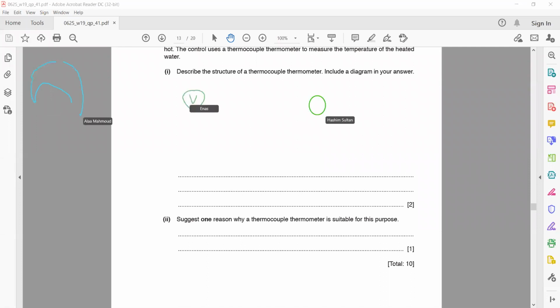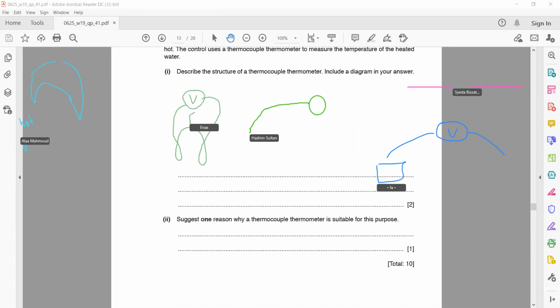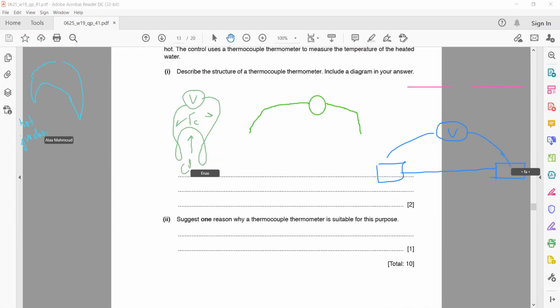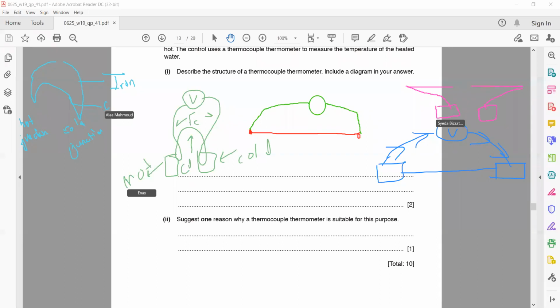One we call the hot junction, another the cold junction. You have to describe the structure: two different metal wires joining the voltmeter.